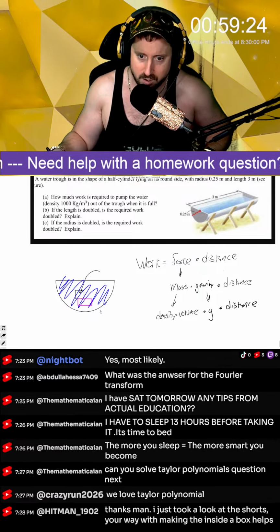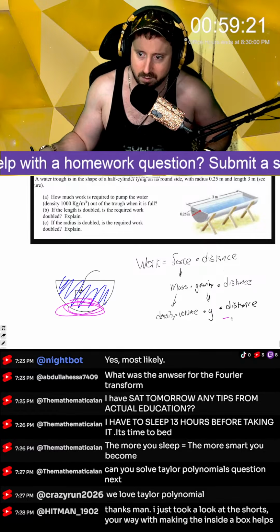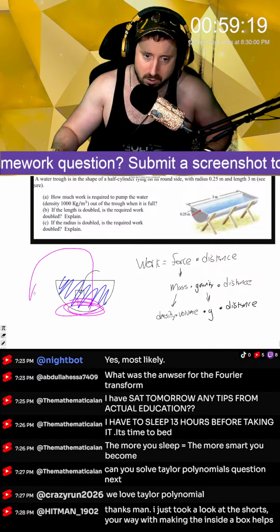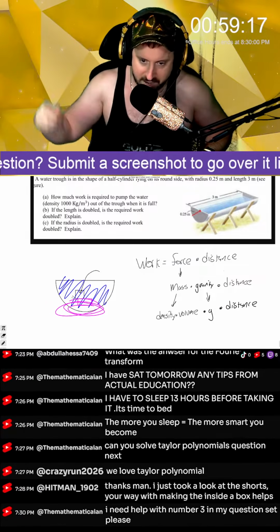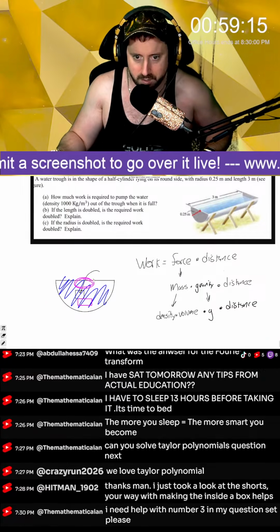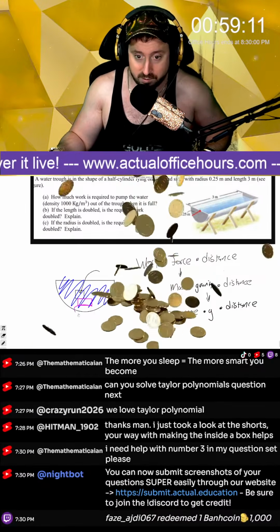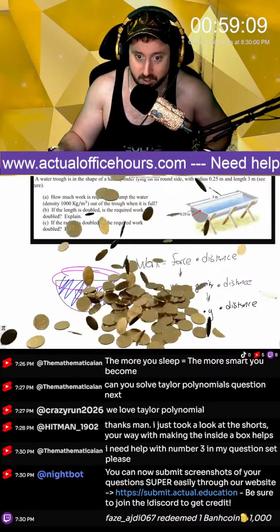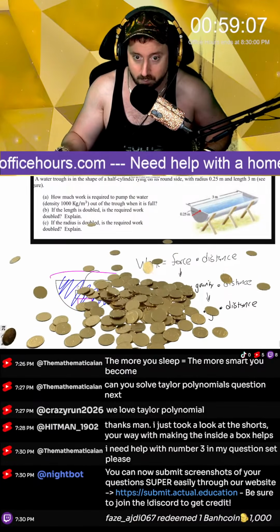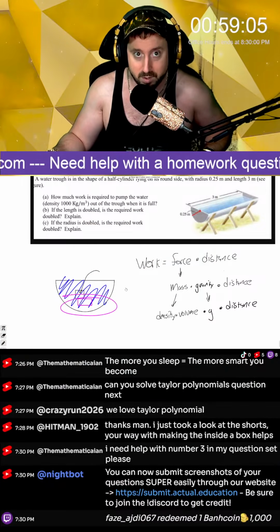The water down here needs to move a bigger distance up and out versus the water up here. But there's less water down here than up here, right? Because of the shape, there's a lot more water at the top than at the bottom.